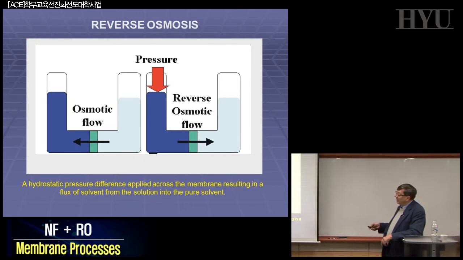If you do this, you will see that you are increasing the hydrostatic level of the water column, creating hydrostatic pressure, and at one point you arrive at a quasi steady state. The difference between the levels tells you the osmotic pressure of the solution, which is related to the concentration through the Van 't Hoff equation.